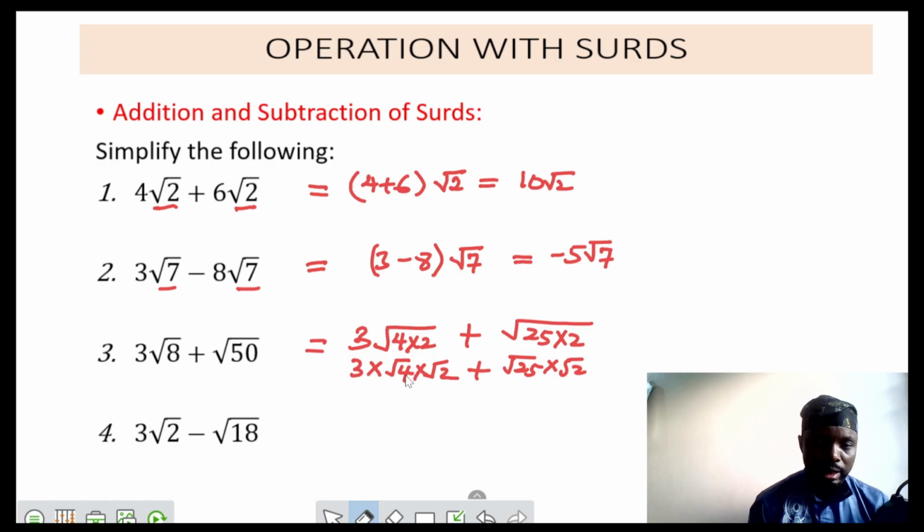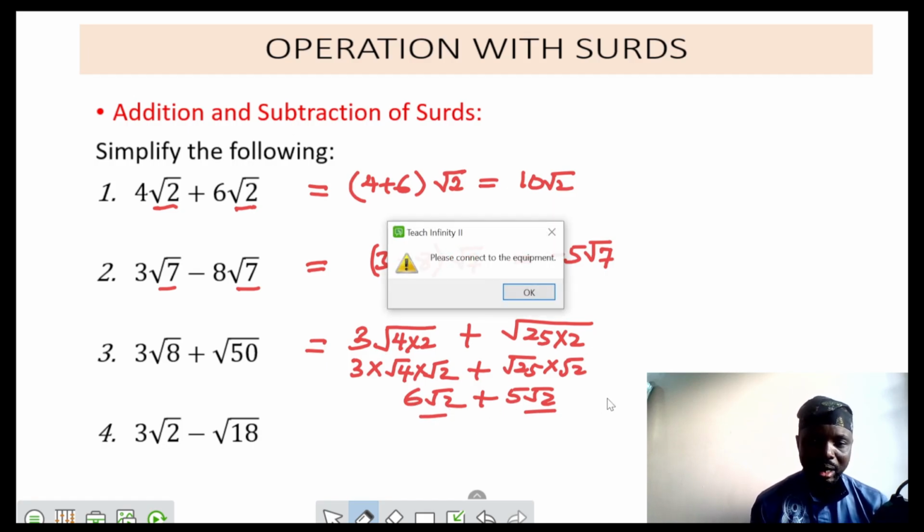You see, root 4 is 2, times 3, I have 6 root 2, plus root 25 is 5, then root 2. You see, root 2 and root 2 is common, so I can factor it, or you can say 6 root 2 plus 5 root 2 to give me 11 root 2.